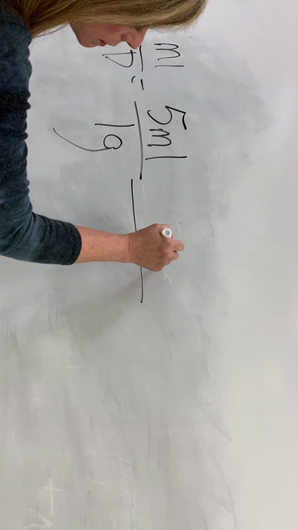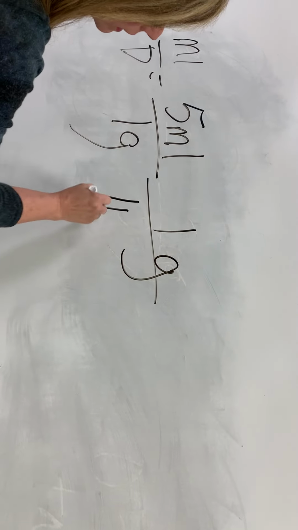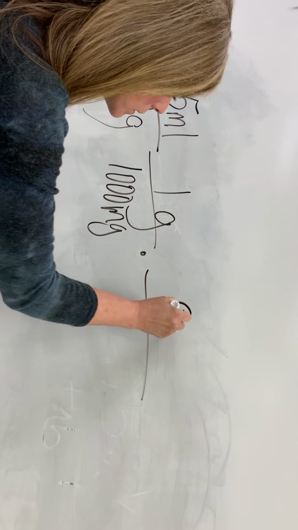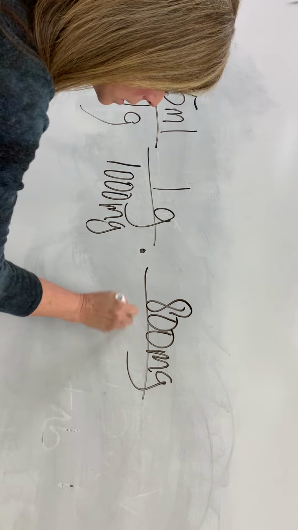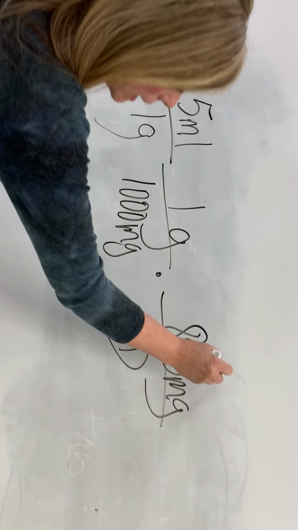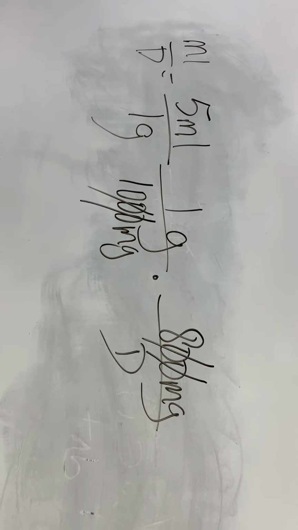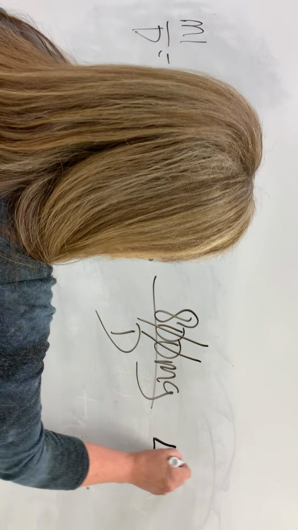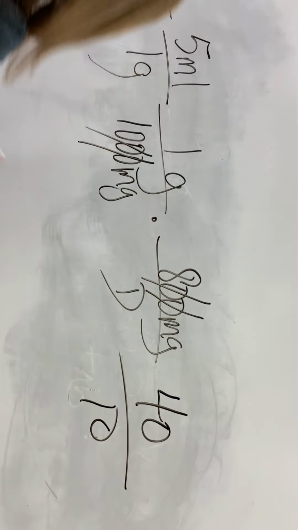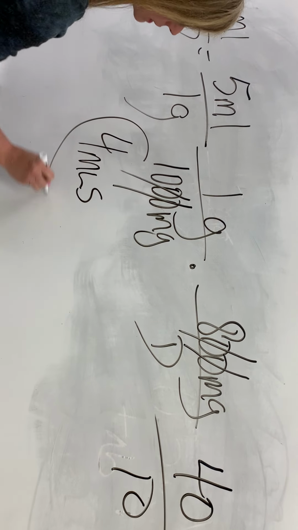This has to be grams, so we know 1 gram is equivalent to 1,000 milligrams, and it was 800 milligrams ordered over dose. Now you can do this 1 or 2 ways. I like to take off my zeros. You don't have to if you don't want to. I like working with smaller numbers. So here's 40 over 10. The patient is going to receive 4 mils, and that's the answer.